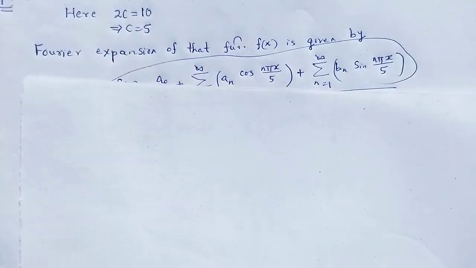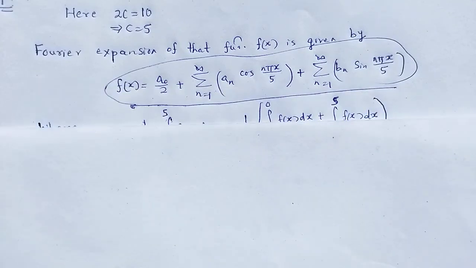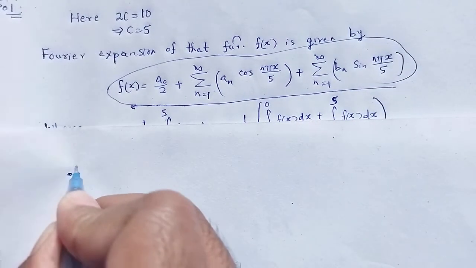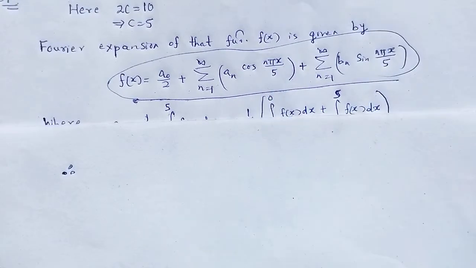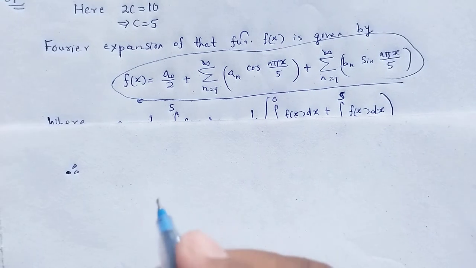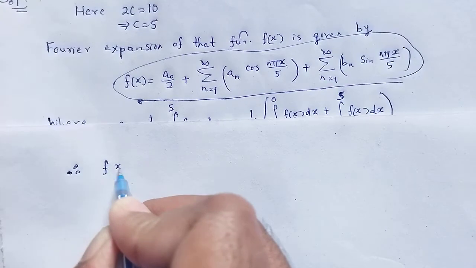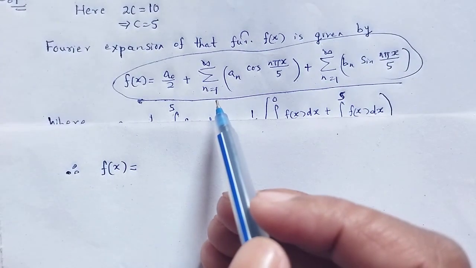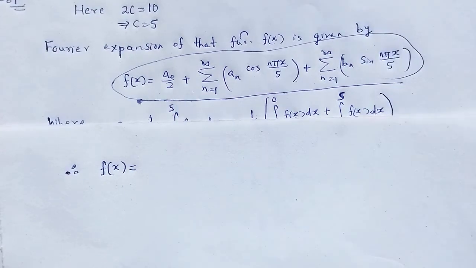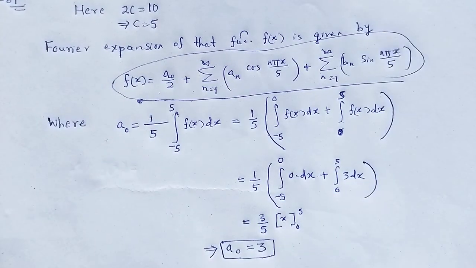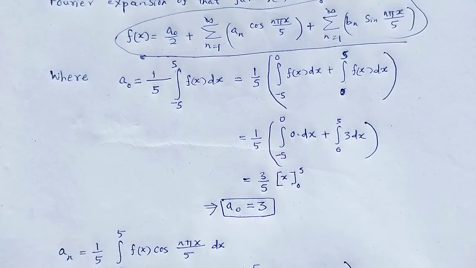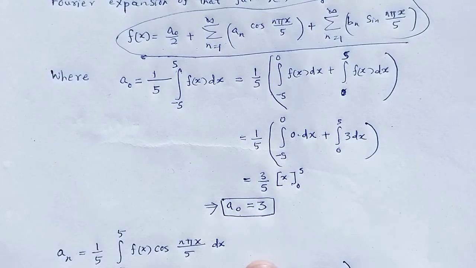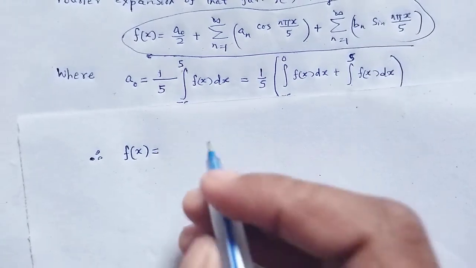The Fourier expansion is given as, we put its values, therefore f of x is equal to a naught by 2, here a naught is equal to 3, that is 3 by 2.